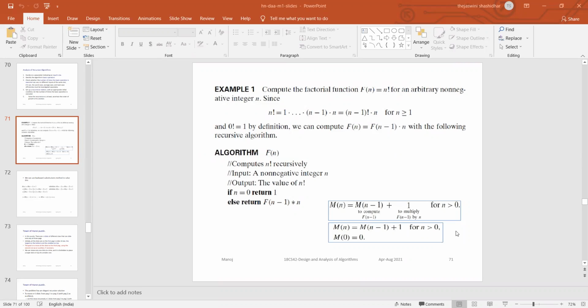Now can you tell what is the recurrence relation? What is the recurrence relation for fact? Now tell me what is the recurrence relation for fact?